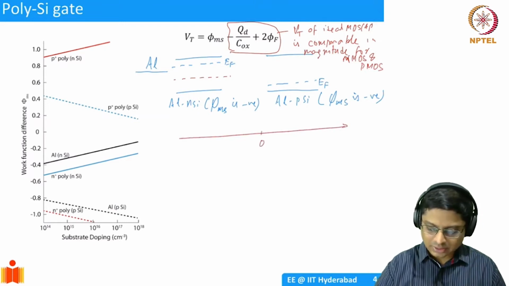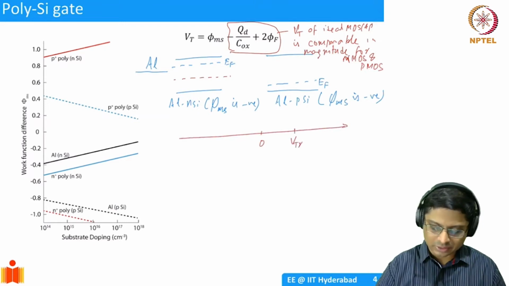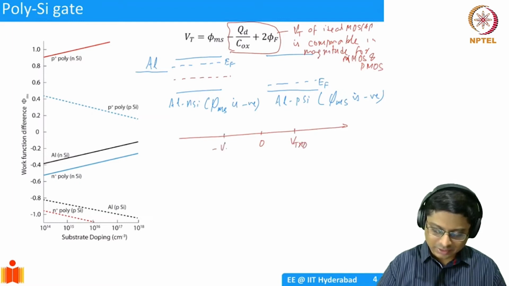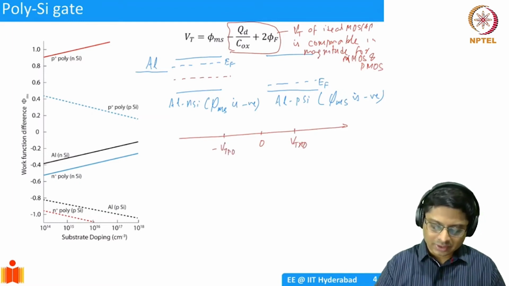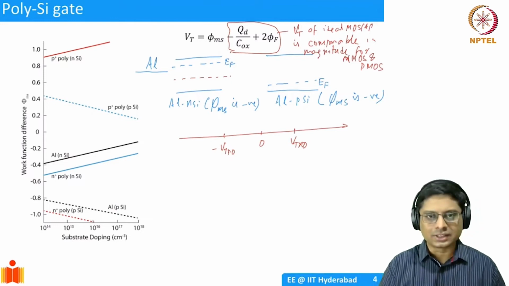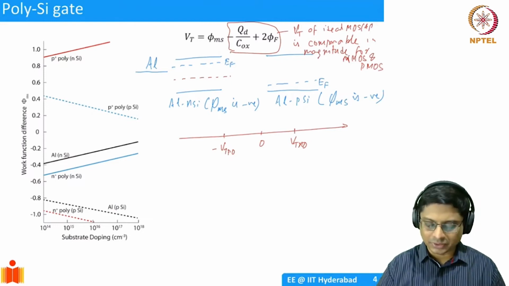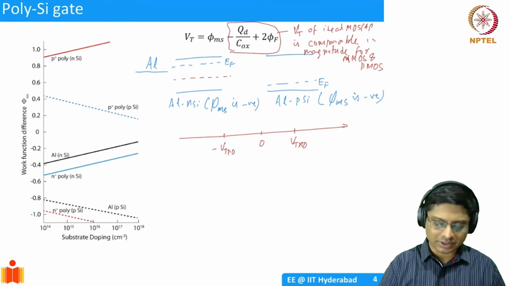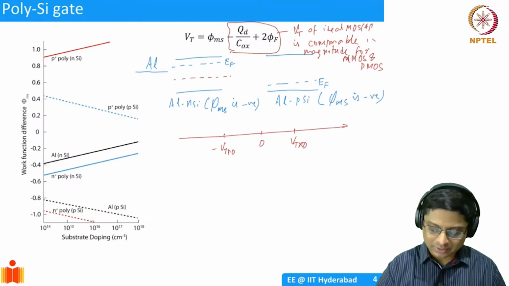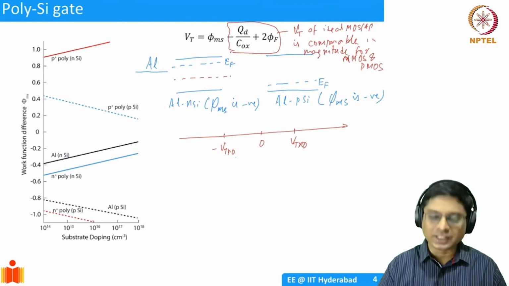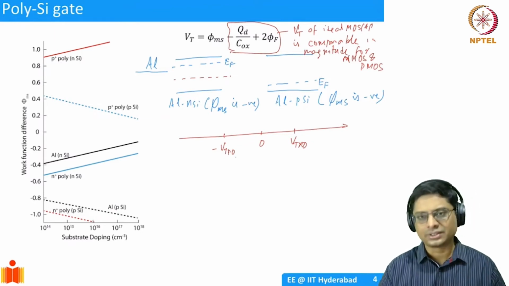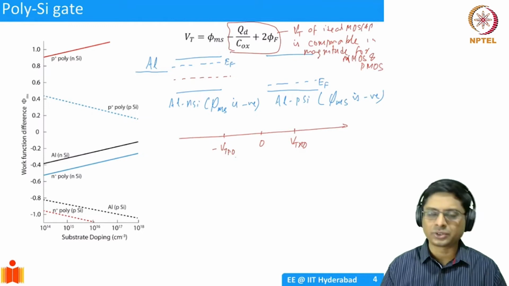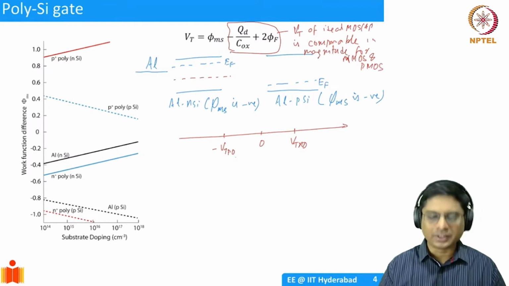There's a 0, so I'll have, let's say, VTN0 and minus VTP0. So the difference of VT from 0 is going to be symmetric, comparable for an ideal MOS capacitor, because QD is going to be comparable and the surface potential phi s is going to be comparable.